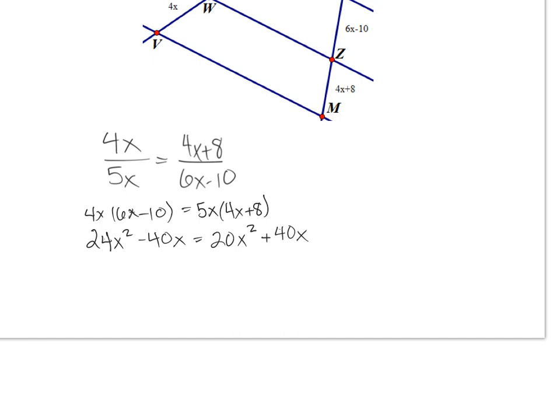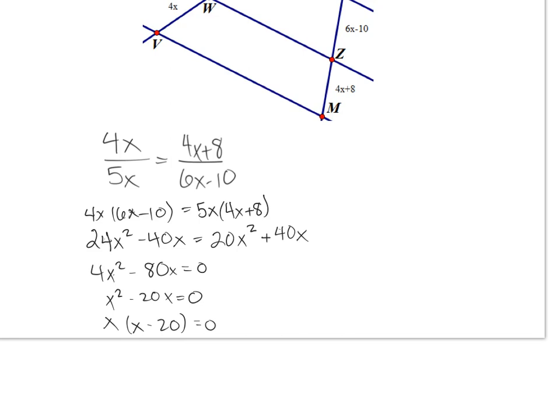So I'm going to move it all to the left. I get 4x squared minus 80x equals 0. 4 goes into everything, so that would be x squared minus 20x equals 0. And here I can factor out an x, so I get x minus 20 as the other piece.